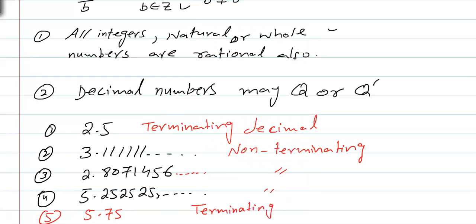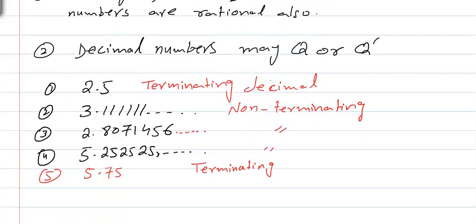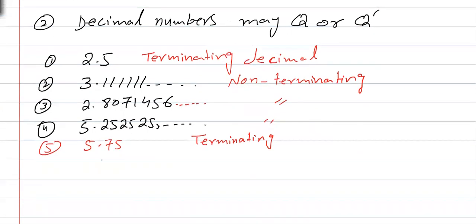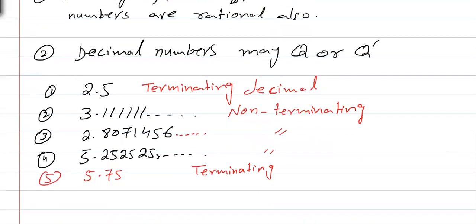Now, in terminating and non-terminating, keep in mind, terminating decimals are always rational. If the decimal is a terminating decimal, it is rational. So here, one note, remember, as I said to you, a decimal may be rational, may not be rational. Which decimal will be rational? A terminating decimal will be rational. But before going to that, I have one more point to say.